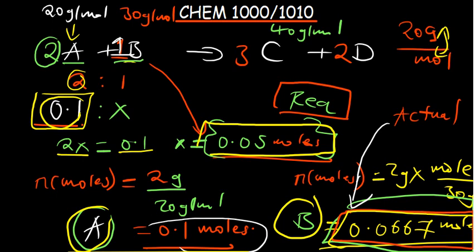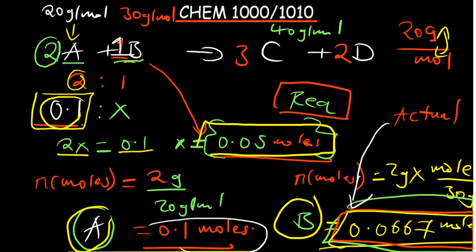What does that mean? Okay, B does have some excess moles, yes.